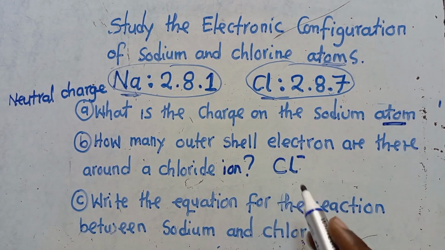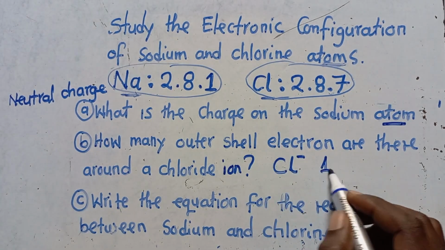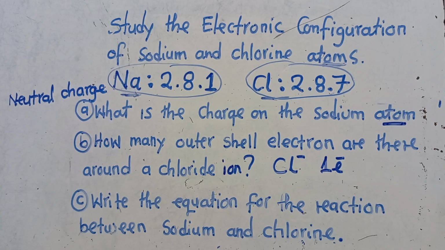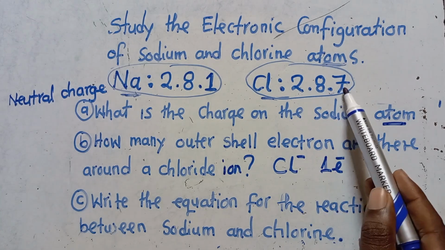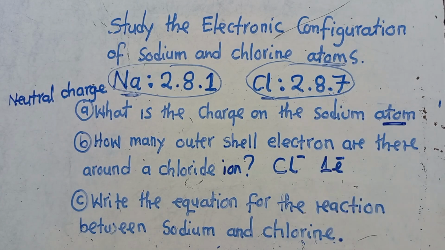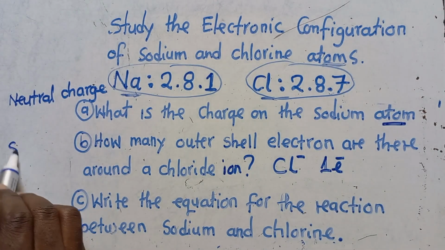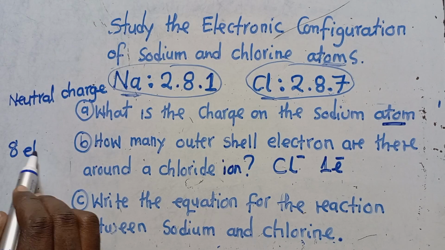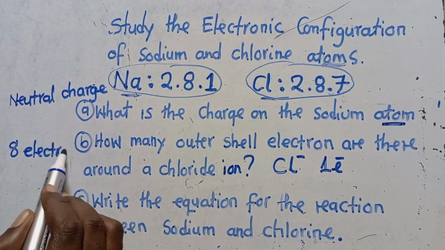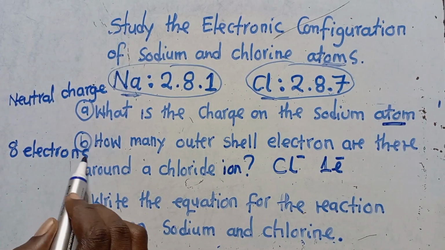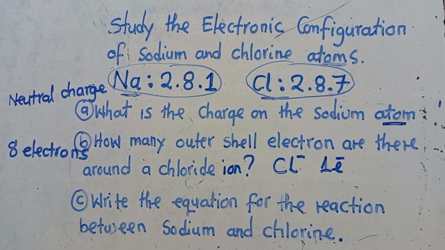This means that it has gained 1 electron. Since it is having 7, gaining 1, it is going to have 8 electrons. So this is the answer. It is going to have how many electrons? 8 electrons. This is what you are supposed to get and understand.